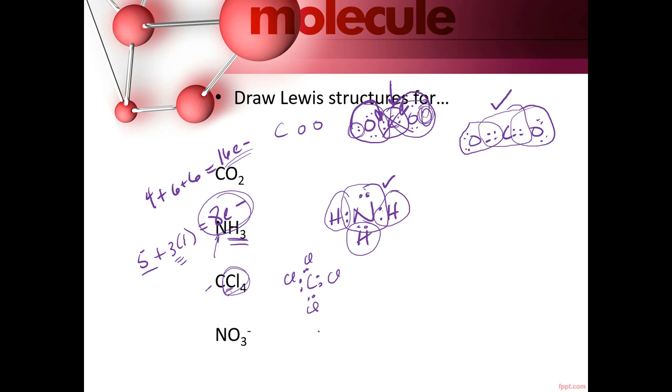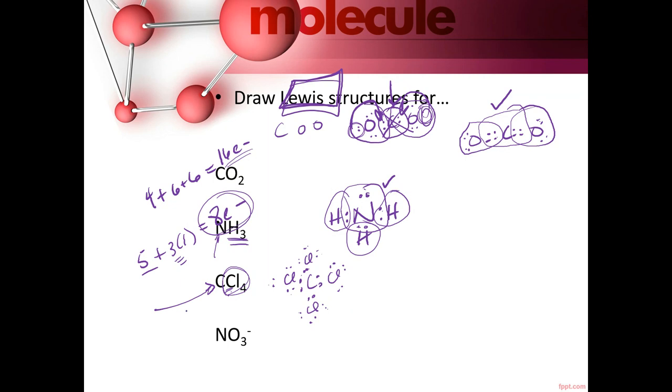Sometimes we get excited when we think that we're done, but we need to show all of the valence electrons to build our Lewis structure. Chlorine does not yet have all of its valence electrons in the picture. So we're going to show all of the electrons on all the chlorines. 2, 4, 6, 8, 10, 12, 14, 16, 18, 20, 22, 24, 26, 28, 30, 32.